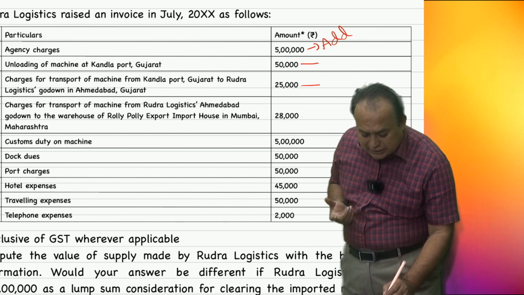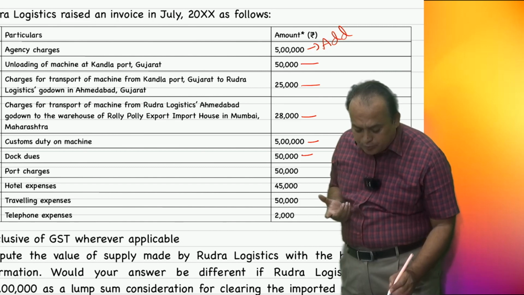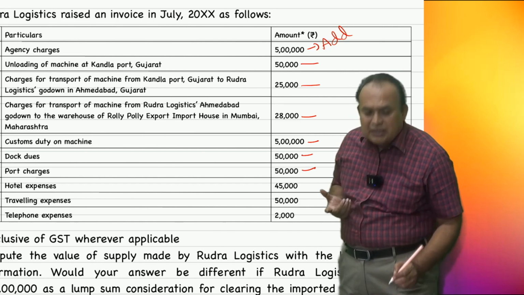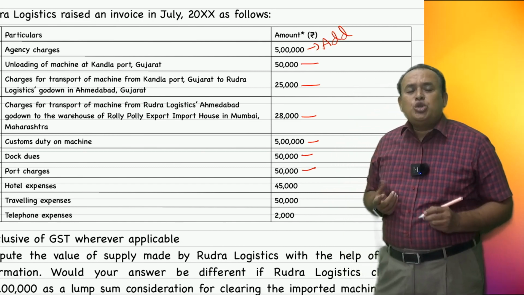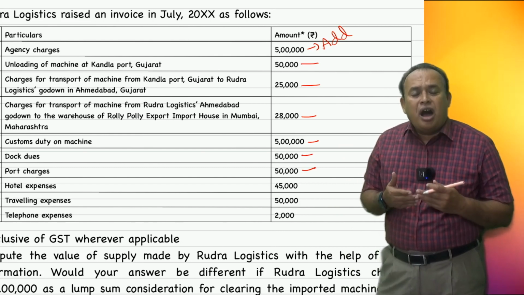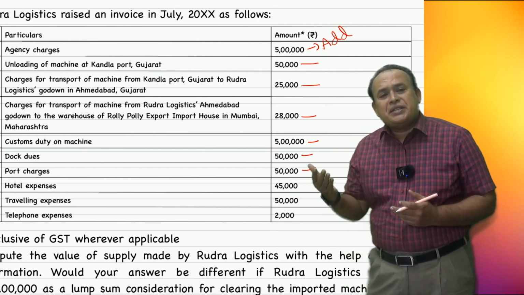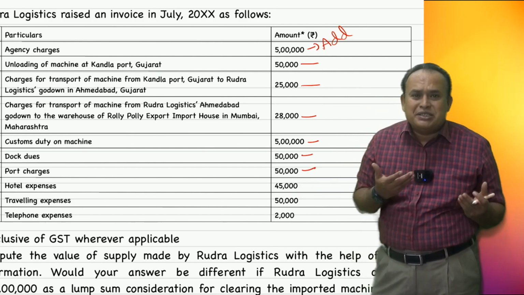This expenditure, custom duty, dock dues, port charges. These are all actual reimbursement expenditure incurred by the supplier of service on behalf of the recipient of service. The recipient of service requested them to incur this expenditure on their behalf.